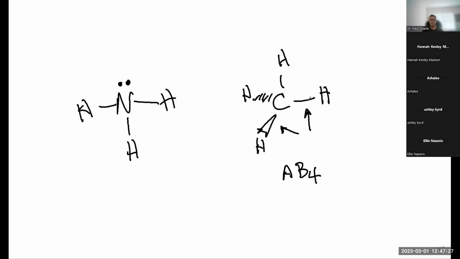These electrons around the four pairs are going to repel each other. So they get away from each other, and this configuration is the position where they have the maximum separation from each other. So they end up with this tetrahedral configuration.